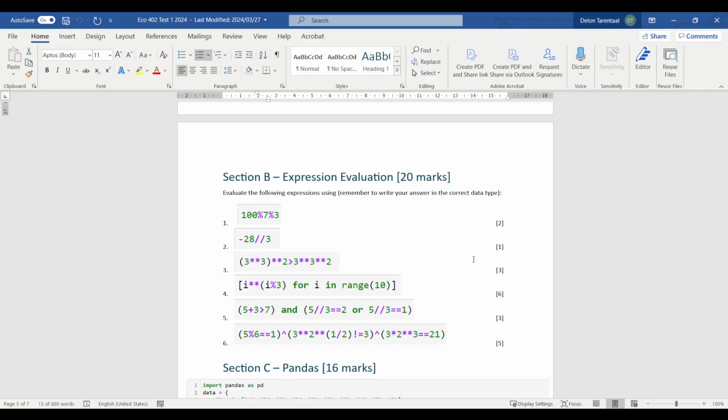Okay, what's the answer of B1? What's the maximum value the answer can be? 2, right?